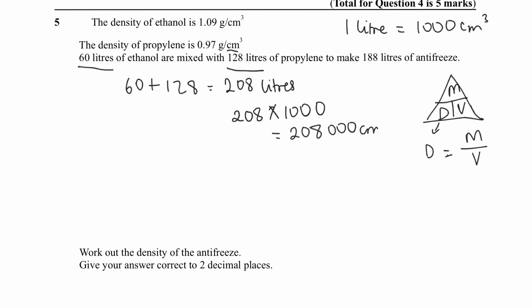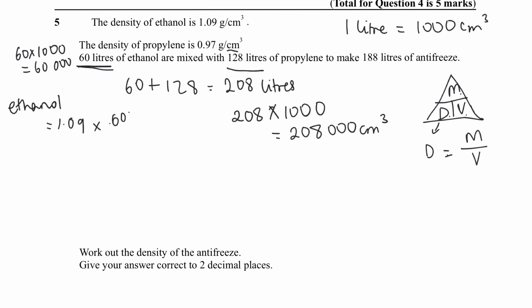208,000 centimeters cubed. So now we know the total volume, we need to work out the total mass. In order to work out the total mass, we can work out their individual masses and add them together. Let's look at ethanol. Using the triangle, mass is equal to density times volume. For ethanol, the density is 1.09. The volume is 60 liters, but if you did 60 times 1,000, you get 60,000.